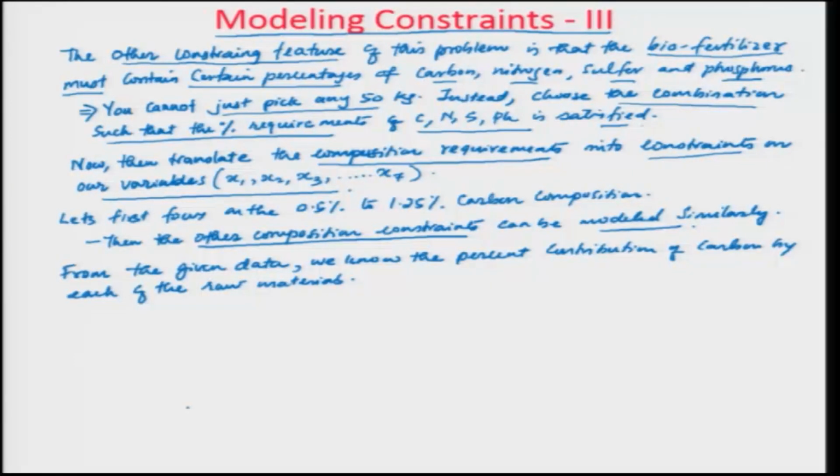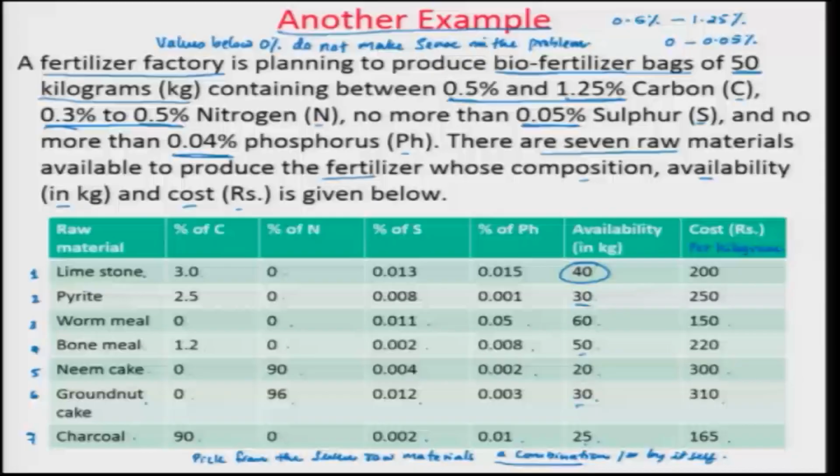So if we go back to the previous table, we know the percentage composition of carbon. Okay, this gives you the percentage composition of carbon contribution from all these raw materials.